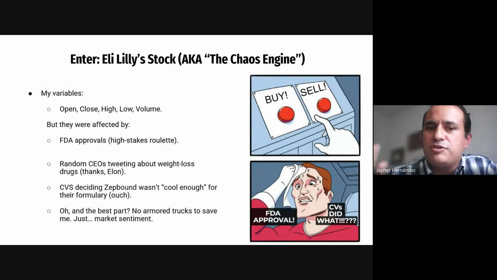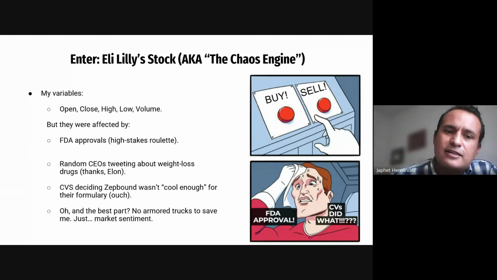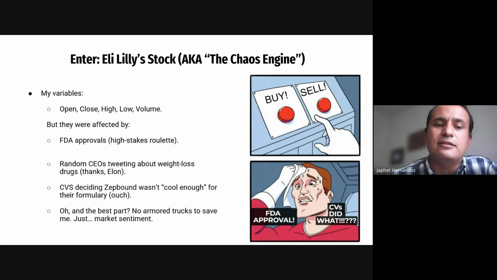Also, random CEOs tweeting about weight loss drugs, thanks Elon Musk, for instance. And also some companies classifying certain drugs as not cool enough, basically because of pricing, and not wanting to buy them anymore. And the best part, no armored truck to save me, just market sentiment.